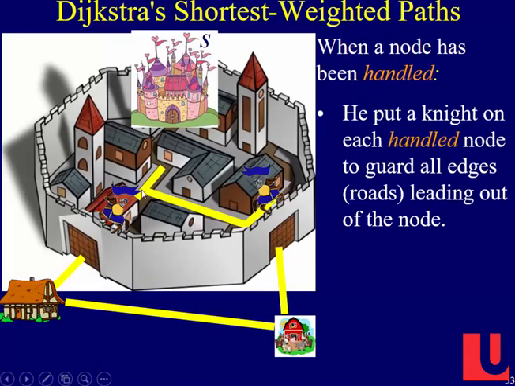Any node, an edge is going to be guarded when it's a handled edge, right? So this node here, it's a handled node, and so this edge is coming out of a handled node, so it's been handled, right? So this is guarded. So everybody follow that? This node here is not handled, but the road to it is handled.